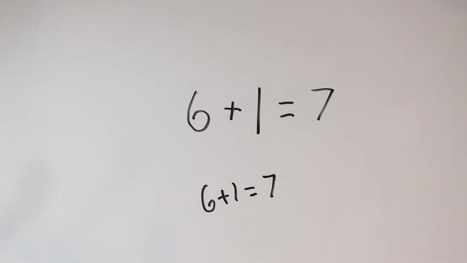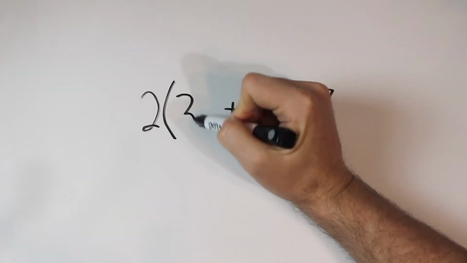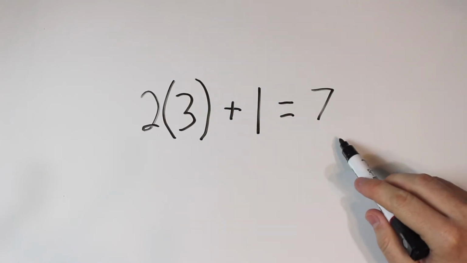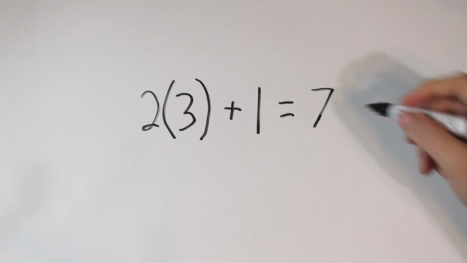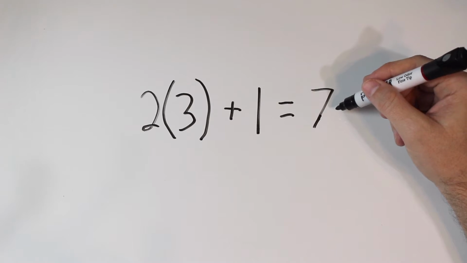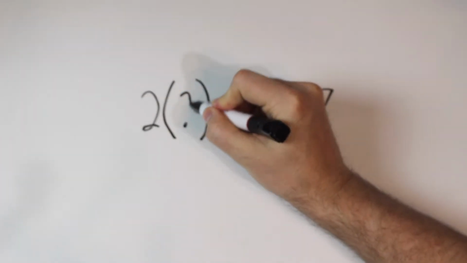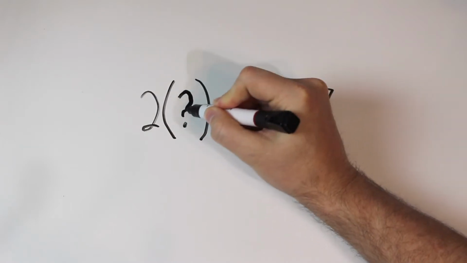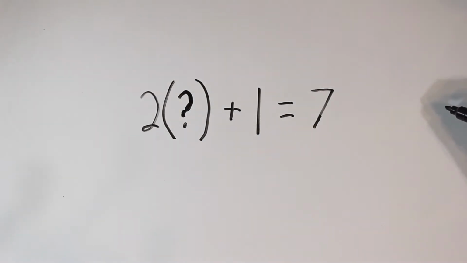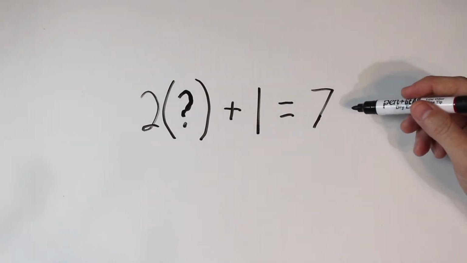But what if, instead of starting with all of this information on the left and looking for what goes on the right side of the equal sign, the problem gave us what goes on the right side of the equal sign and took away one of the numbers on the left side? So now we have 2 times question mark plus 1 equals 7.